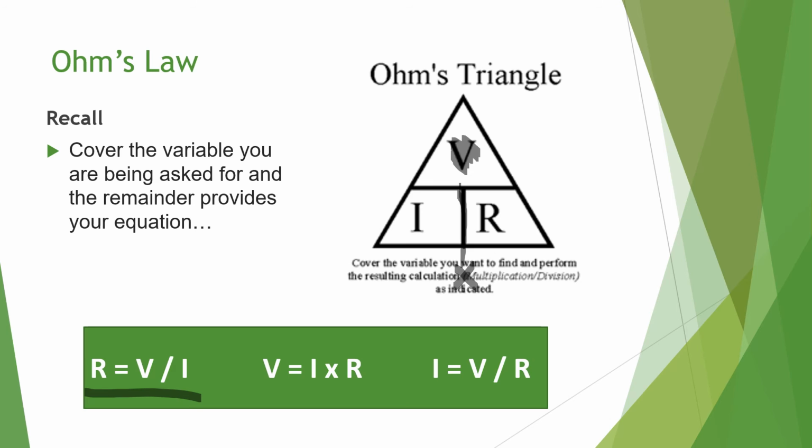So V equals current times R, because they are side by side, not above each other. And lastly, if we're looking for current, which again is represented by I, we're going to cover it up and whatever is left over, we have V divided by R, which is right here.